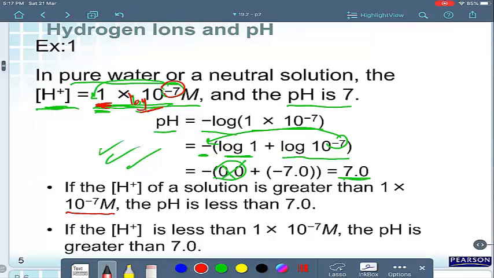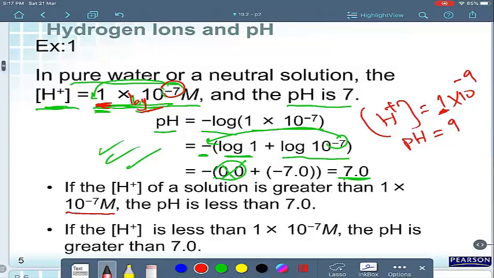So it's easy. If you have a concentration of H positive, for example, 1 times 10 to the power of negative 9, the pH is 9, and so on. It's so easy, yes? But if you have another coefficient here, not 1, then you have to calculate it by this rule. If pH is 7, it means neutral.